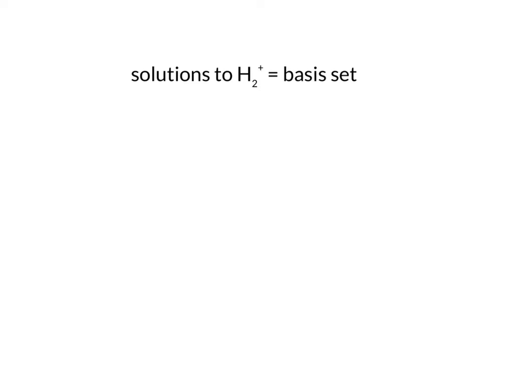Notice, though, that these solutions depend on what distance we decide to set the 2 nuclei away from each other. And so if we solve the problem for the nuclei being very far away from each other, the energy is very close to 0. And if we move those nuclei closer to one another, the energy goes down to a minimum.